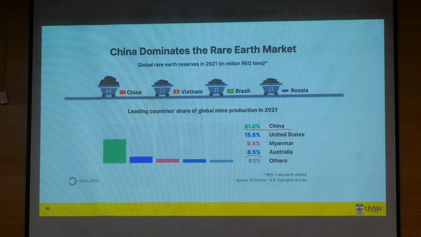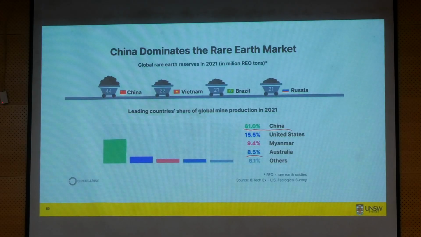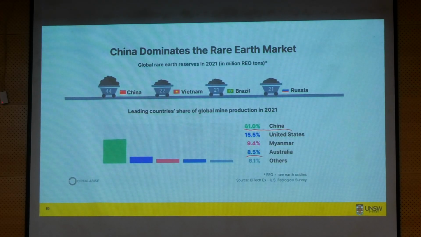So the US only has 15%, right? And if all the motors in your car and all the wind generators and many other motors, brushless DC motors, all start using this material, China is going to be the next Middle East, right?